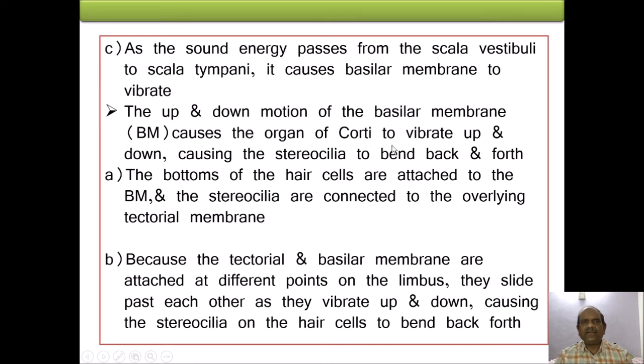The up and down motion of the basilar membrane causes the organ of Corti to vibrate up and down, causing the hairs, or what we call stereocilia, of the hair cells to bend back and forth. The bottoms of the hair cells are attached to the basilar membrane, and the stereocilia are connected to the overlying tectorial membrane.